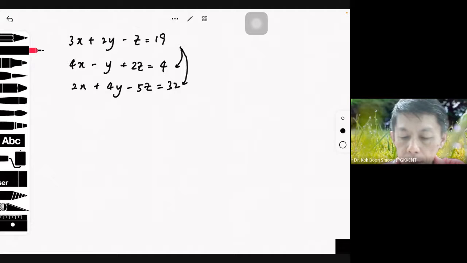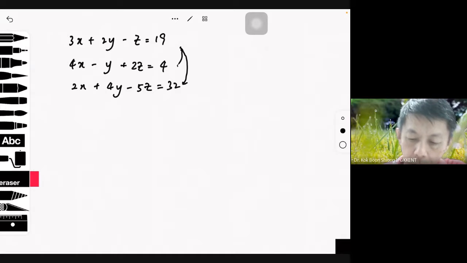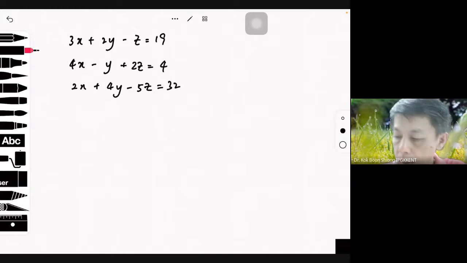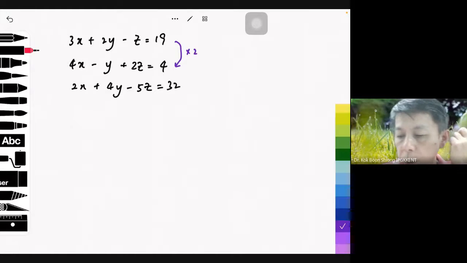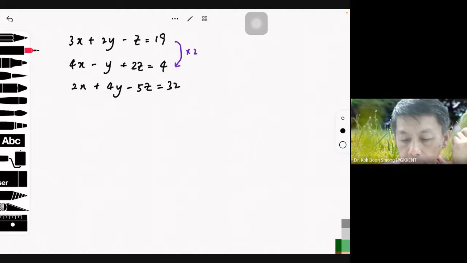To eliminate the first one, what can we do? Times 2. So we are eliminating the z variable.